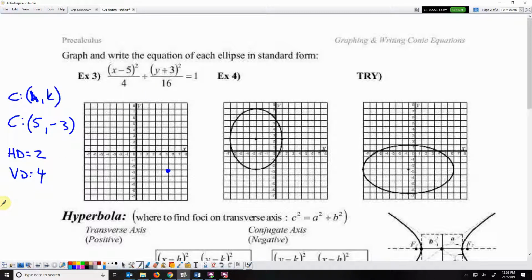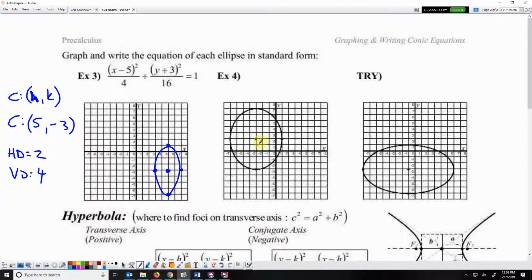So that means that this ellipse to the right and the left goes 2 from the center, and up and down it goes 4. So the ellipse looks like that.